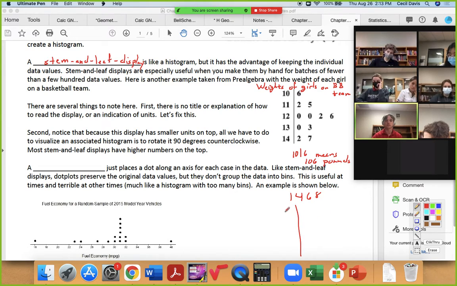They would actually do it like this, and they would just cut off the 8, because within 10 pounds, it's not all that big a difference. That could be the difference in what he had for breakfast today. So you'll see that, and it would be 146 means 1,460 pounds.